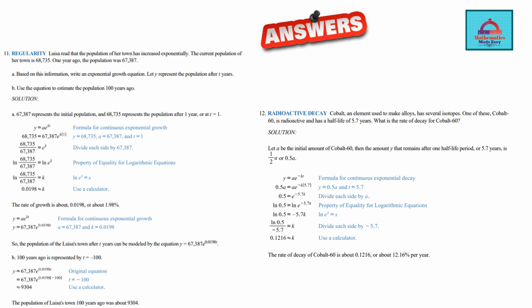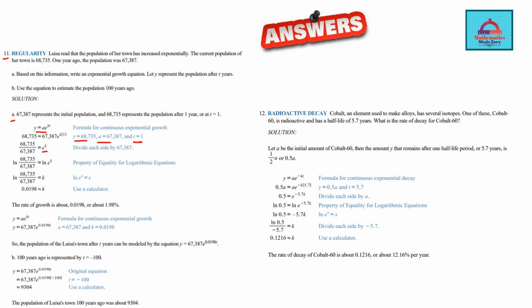Now that I've explained all the things related to question 11, let's have a look at the solution. So for part A, you are using the same formula y equals a multiplied by e to the power kt, and you're just substituting the values of y, a and t. When you do that, you are left with e to the power k, which equals the division of these two numbers. Now we need k, and k is in the power. So let's apply the property of equality for logarithmic equations.